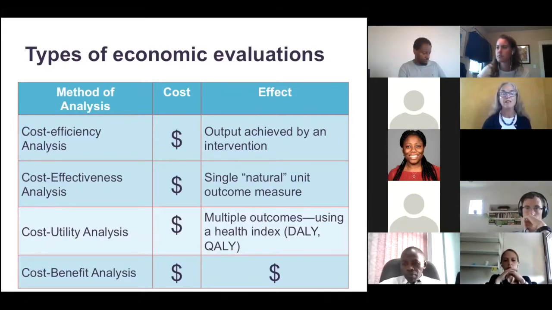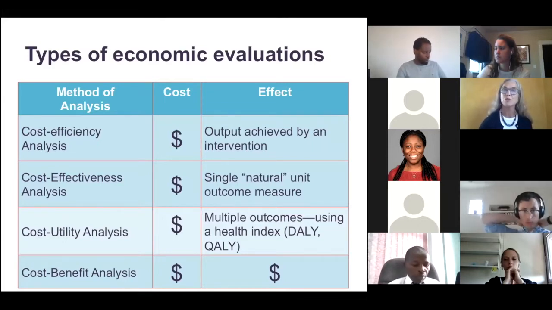The indicator combines the years of life lost due to early death with the years lived with disability. Poor health and conditions that result in premature death and disability result in a large burden of DALYs, right? So DALYs are a bad thing, and we want to minimize those. DALYs measure that gap between ideal health states and the actual health of the population, right? So we typically want to minimize DALYs.